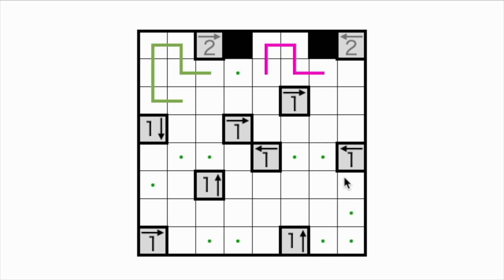This would cause a dead end right here. This would cause a dead end. This would right here. This one would right here. This one would here. All right, those are the ones that immediately jump at me. I might be missing one or two, but let's see what we can do with that.